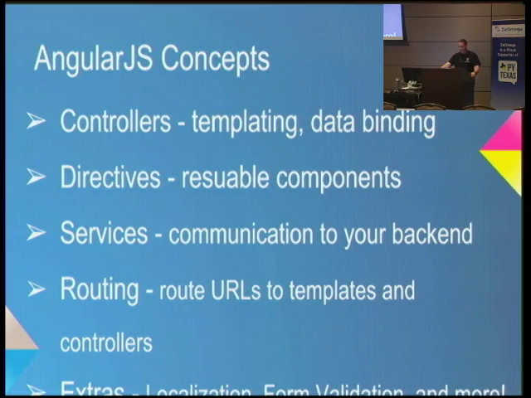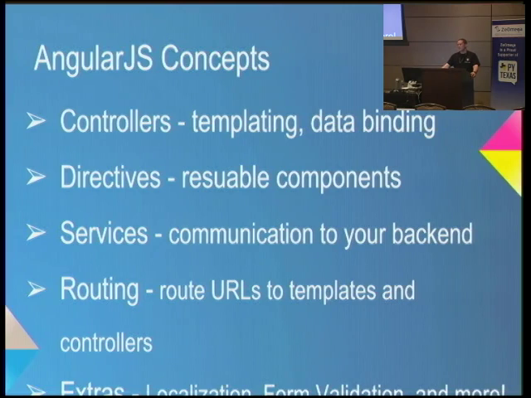So some of the concepts I'm going to talk about, looks like the extras got cut off there, but that's all right, are controllers, and that deals with the data binding and how you update your data, and also templating. We're going to talk about directives, which is how you create those reusable components that you can use in other code or other pieces of your UI.